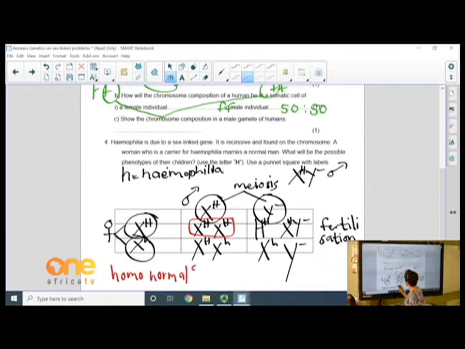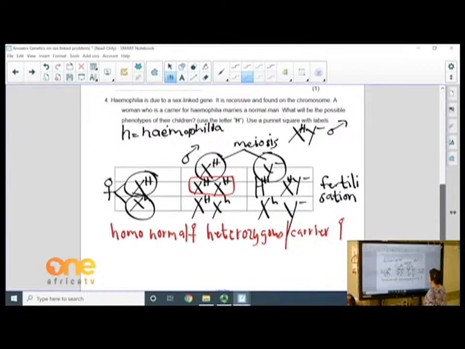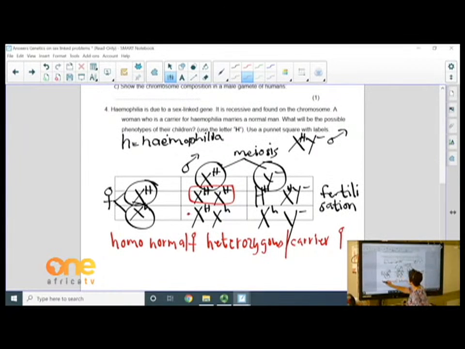It will be a female. Right. This one will be a heterozygous. And when you hear the word heterozygous, in the case of a recessive disease, we actually know that it is a carrier. A carrier for hemophilia, and it will be a female. Right? These two are covered in there and there.